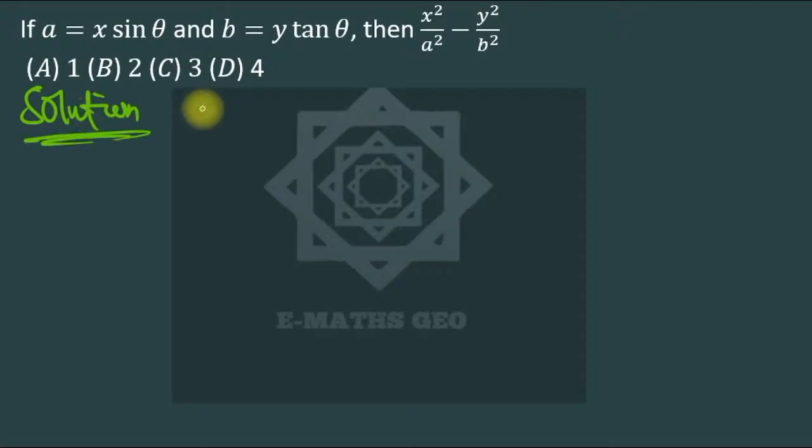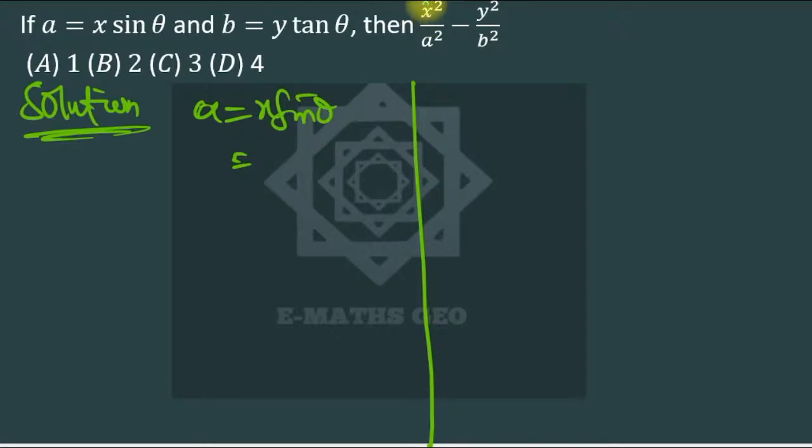We are given that a equals x sine theta. So from here I'm seeing x squared over a squared, so I can make x over a the subject of formula. x over a is now 1 over sine theta, and 1 over sine is cosec. So that's the first thing.